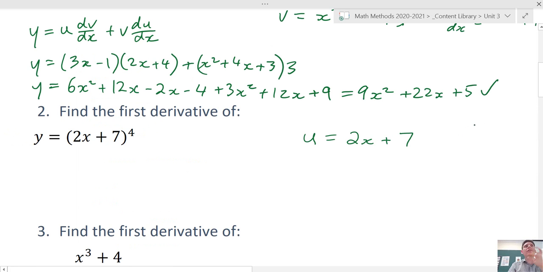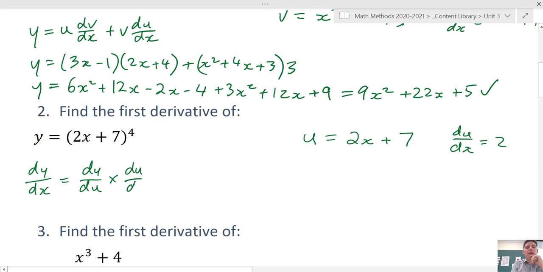So I'm letting the function inside equal u. I'm finding the derivative. Now I'm finding dy/dx by finding dy/du and multiplying it by du/dx.